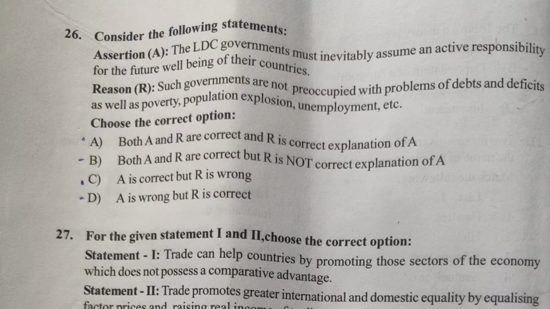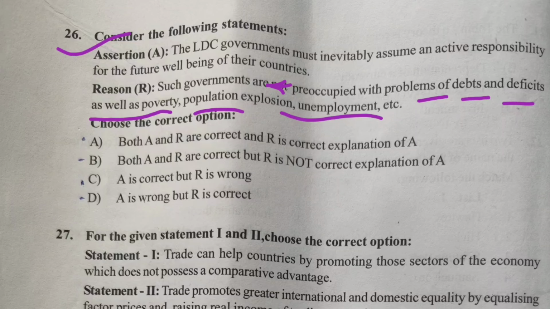Assertion is correct. What is the reason? Such governments are not preoccupied with the problems of debt, deficit, as well as poverty, population explosion, unemployment. No, they are preoccupied. So if we remove 'not', that will be correct. So the reason is incorrect. I will go for: A is correct, but R is wrong.